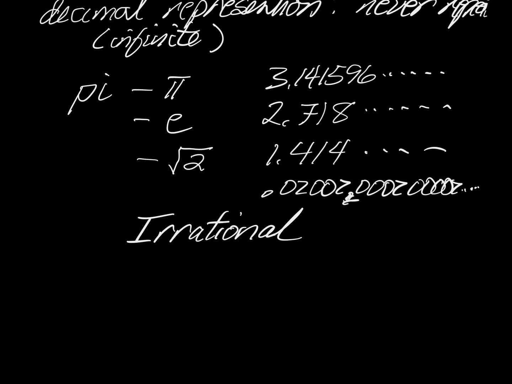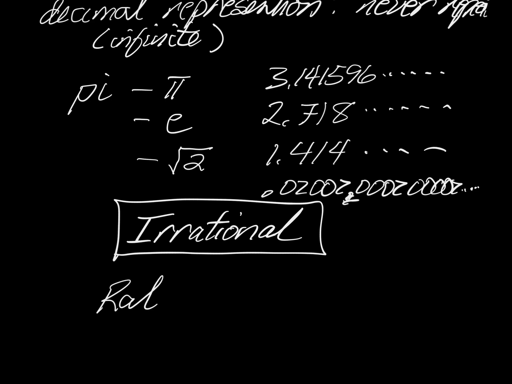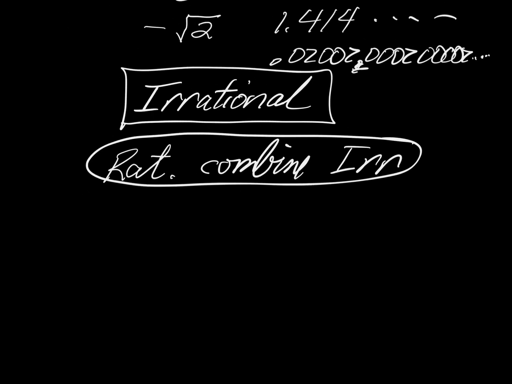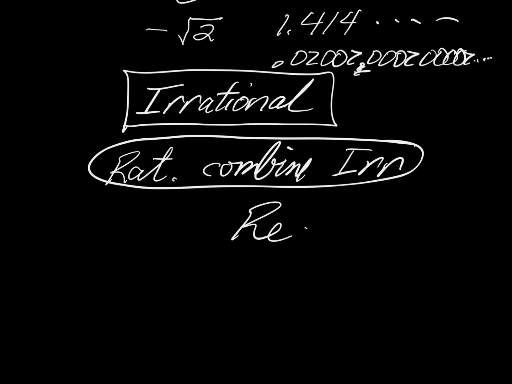Now, if you take all the rational numbers and you combine them with all the irrational numbers, those two things together create the real numbers.